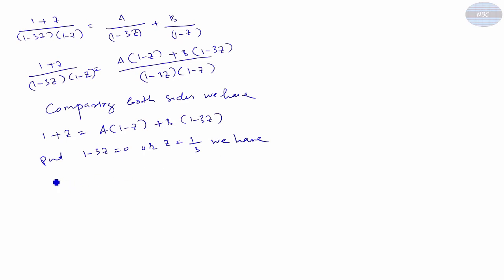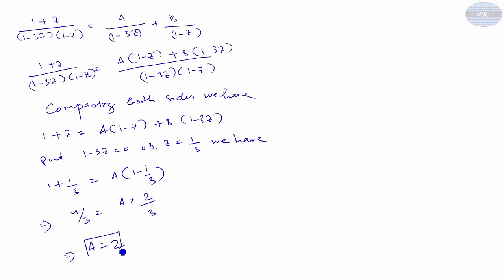In place of z put 1 by 3, so we get 1 plus 1 by 3 equals a into 1 minus 1 by 3, and 1 minus 3z is 0. So this is equal to 4 by 3 equal to a into 2 by 3, so we get the final value of a as 2.